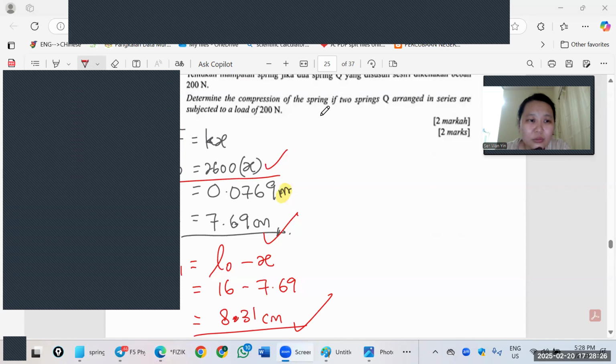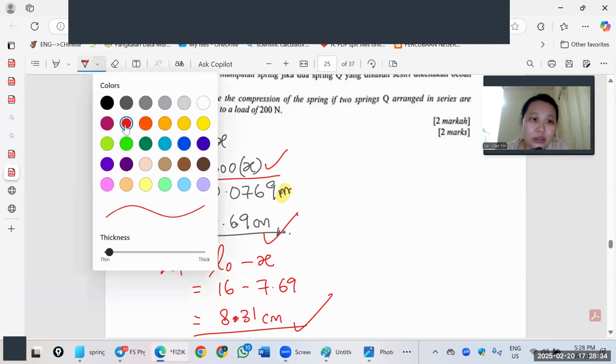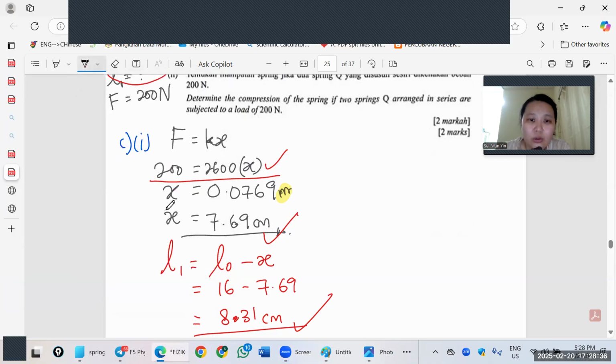Is 2 decimal places fine, or do we need to take more? Okay, it's like this. Your original answer is 4 decimal places, then you change to 2.